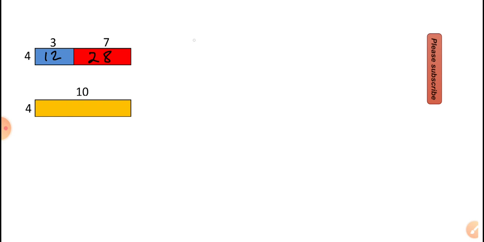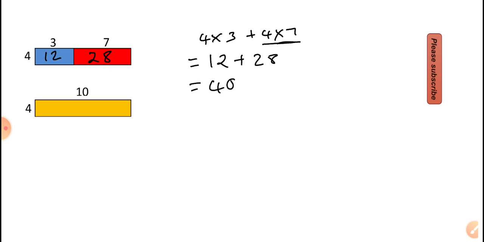So to write it formally here, we would say the area of the whole rectangle would be 4 times 3 add 4 times 7, which is equal to, well, we know that 4 times 3 is 12, add 4 times 7 we know is 28. So when we do 12 add 28, we get 40. So we know the area of the whole rectangle is 40.